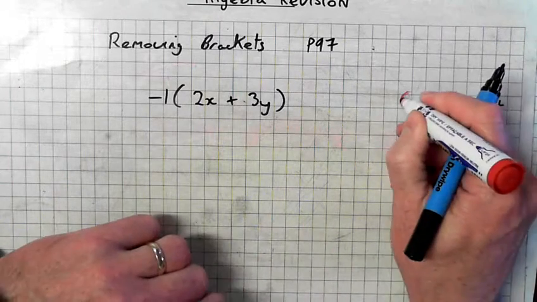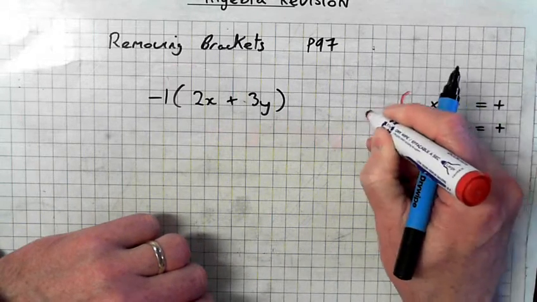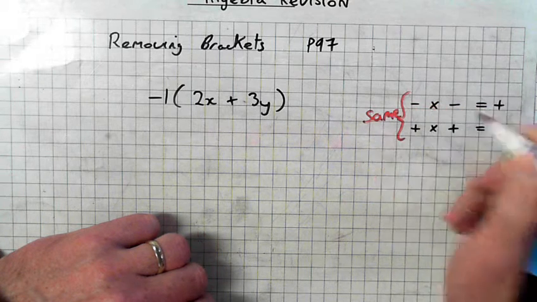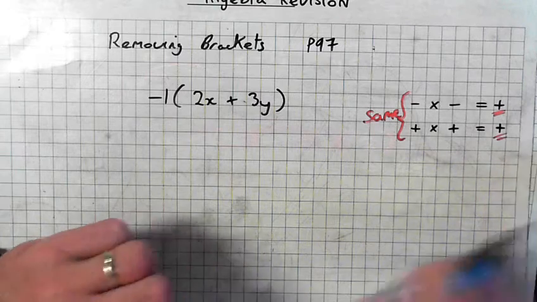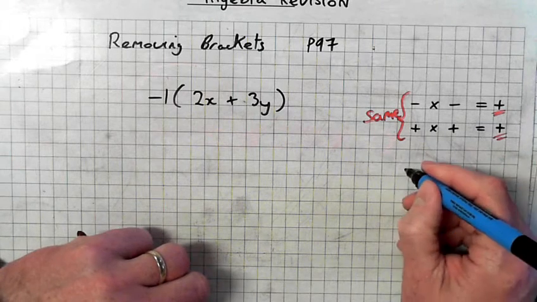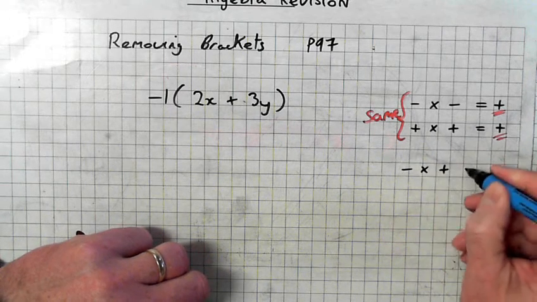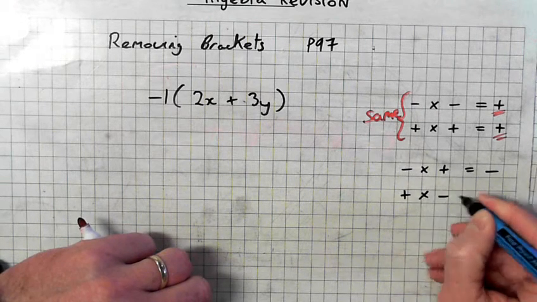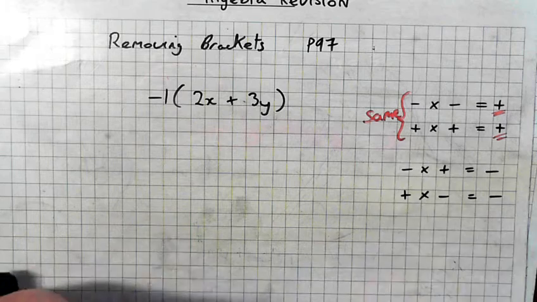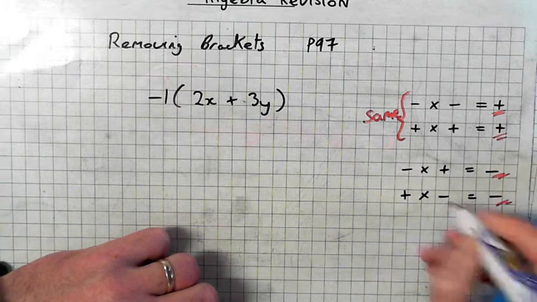So basically, if the signs being multiplied are the same, you get a plus. If they are different, a minus times a plus, you get a minus. Or a plus times a minus, you get a minus. See that?